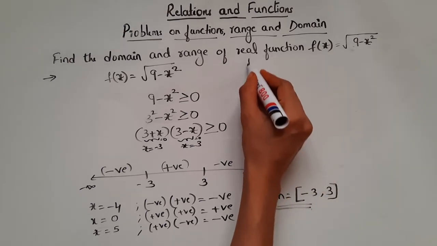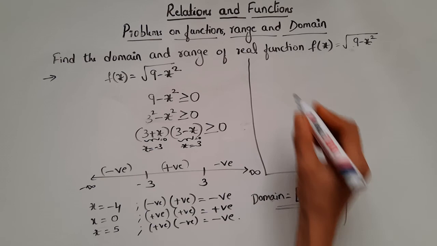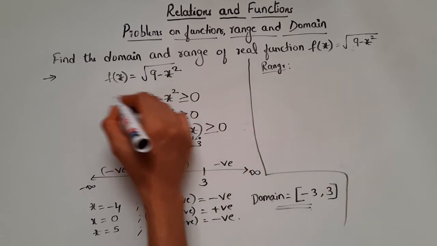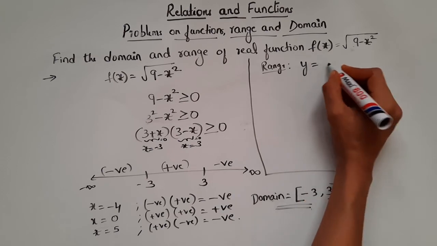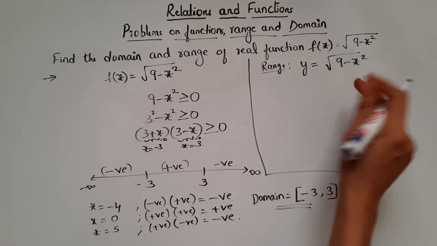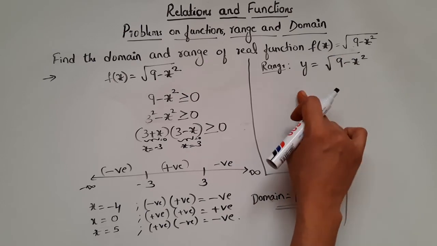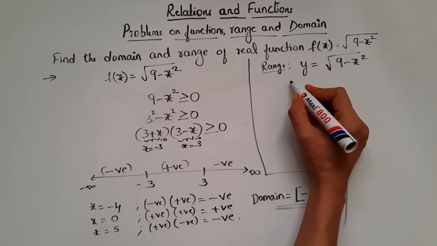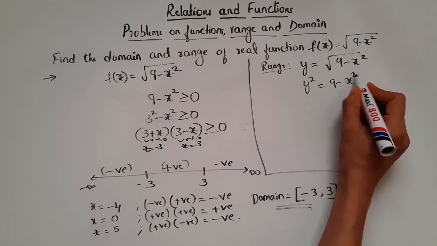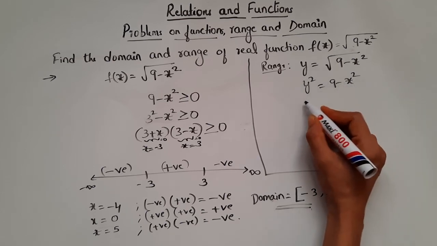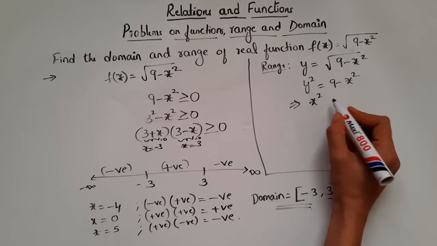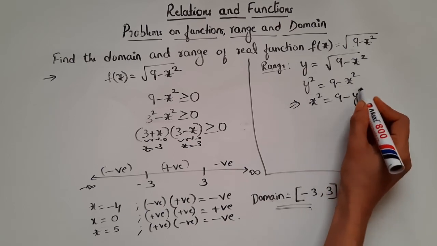Now let's see how to find the range. For range, you will equate this equation to y. So y is equal to square root of 9 minus x square. Now you have to make x in terms of y. Squaring both sides, you will get y square is equal to 9 minus x square, which implies x square is equal to 9 minus y square, right?